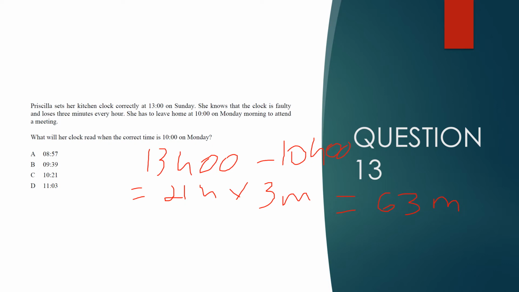We know that the clock is supposed to read 10 a.m., but it is behind by 63 minutes. 63 minutes is 1 hour and 3 minutes, so it lost 1 hour. That will be like 9 o'clock.